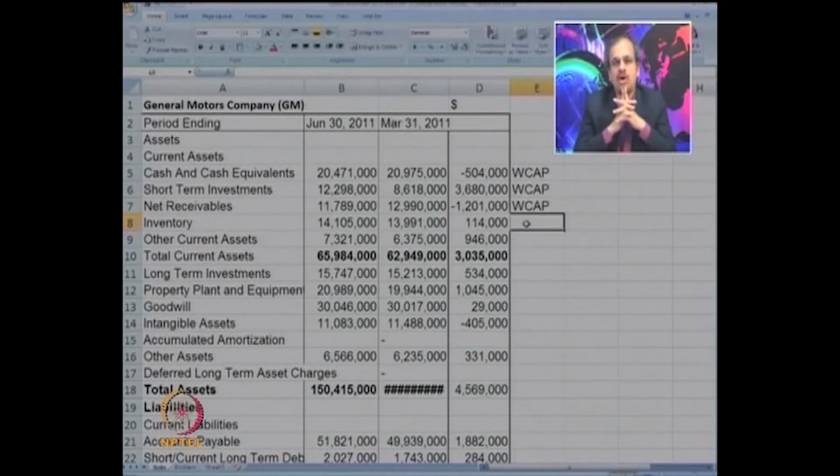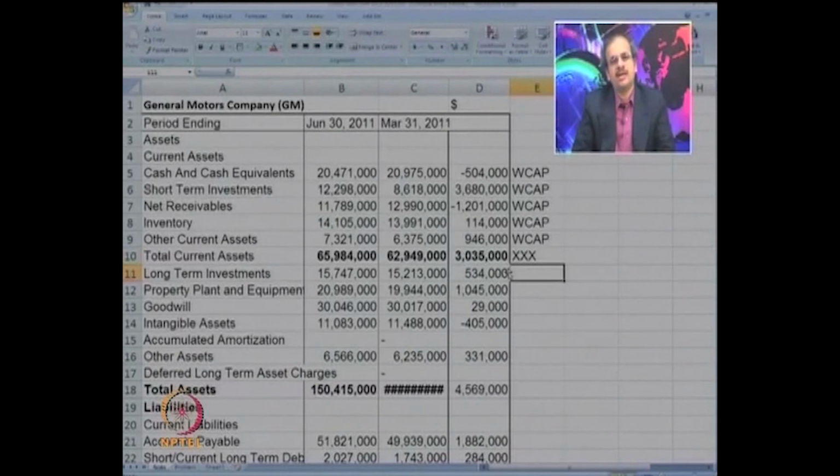Net receivables or debtors represent the money which is recoverable from the customers. Next item given is inventories. You can see there is a small increase in the inventory, but it's a working capital item. Other current assets, again a working capital item. Total current assets is given. We will not consider this item.